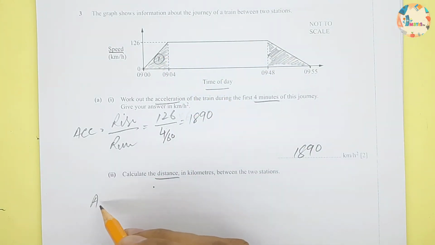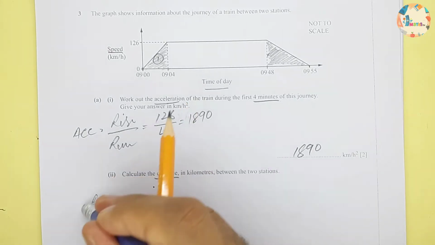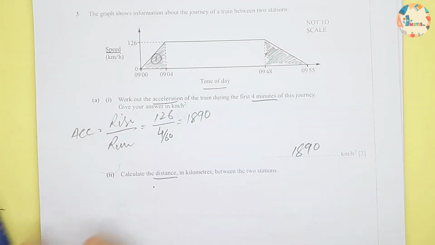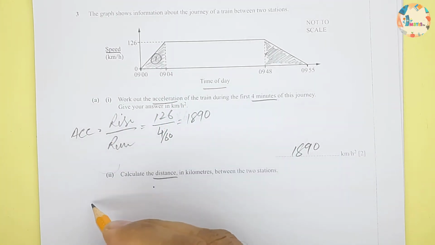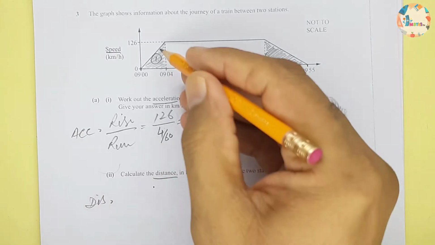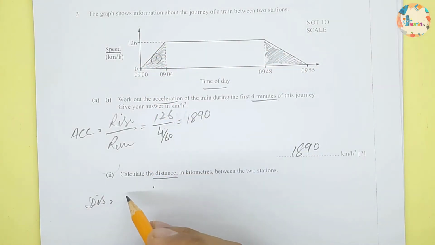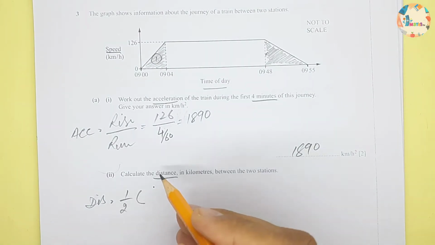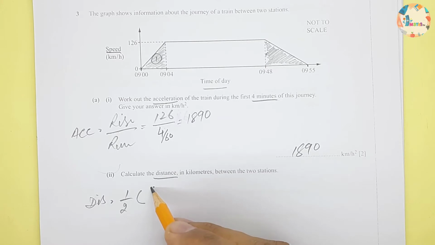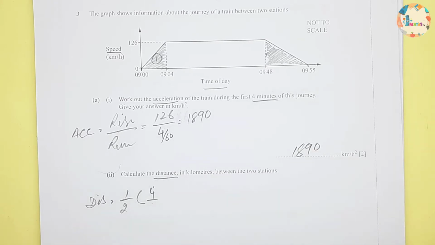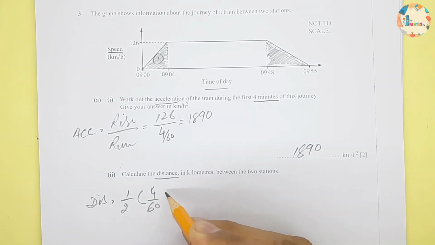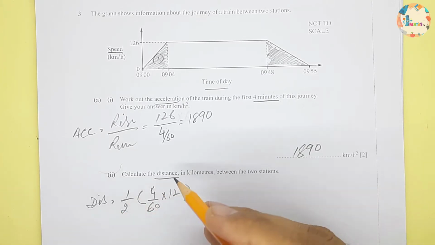So area under the curve, directly we can write distance, because I'm just reducing the steps. So distance will be equal to area of this triangle 1, which is 1 by 2 into base into height. Base will be 4 over 60, and 4 over 60 into height will be 126, and this will be area of this one.